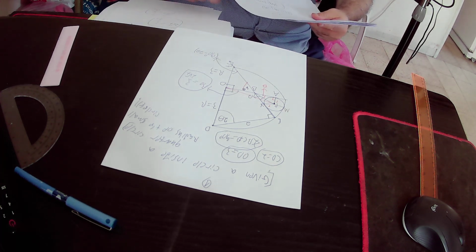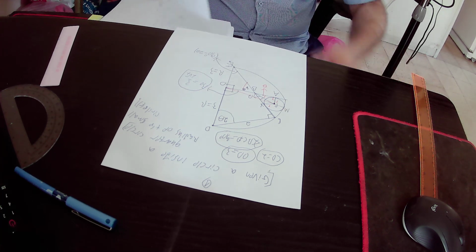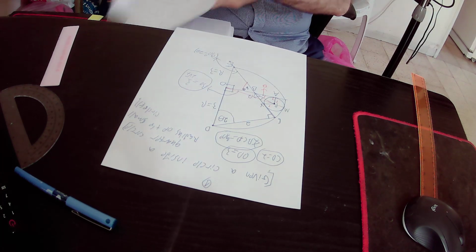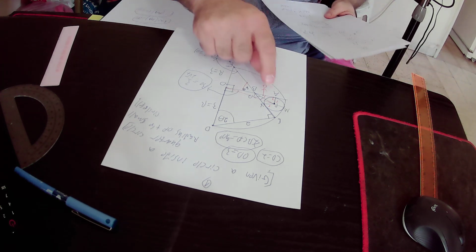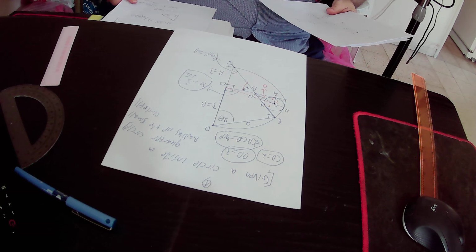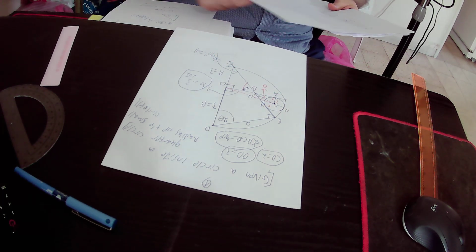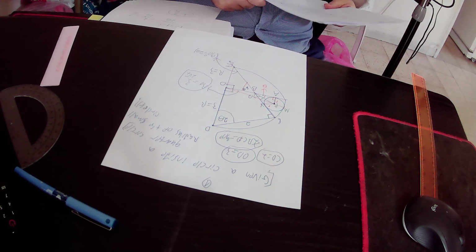Okay, so actually we defined the center of the small circle as point P. Then we join together points A and P by a straight line. AP is the radius of the small circle because it starts from the center of the semicircle and ends at point A. It is a point on the small circle itself.